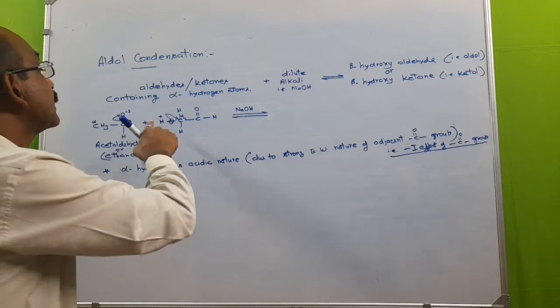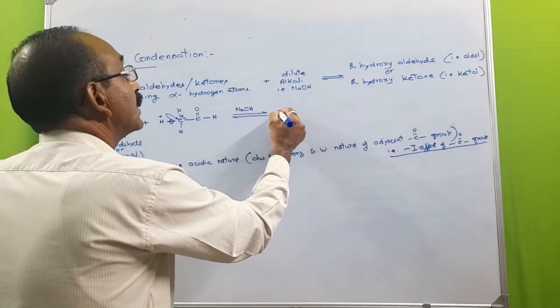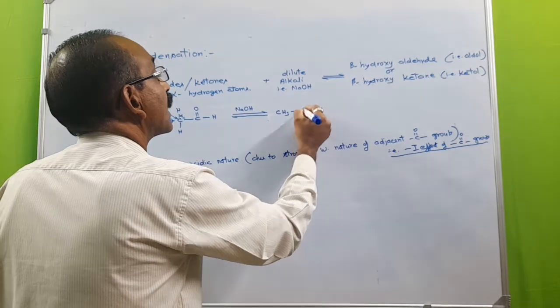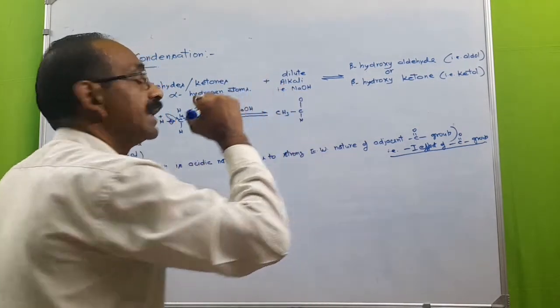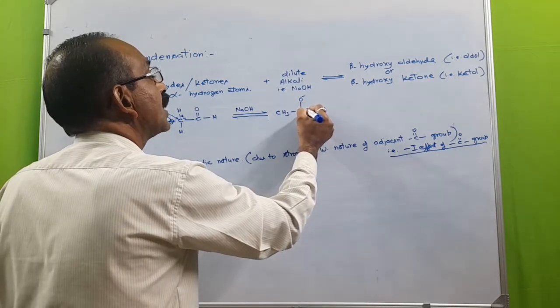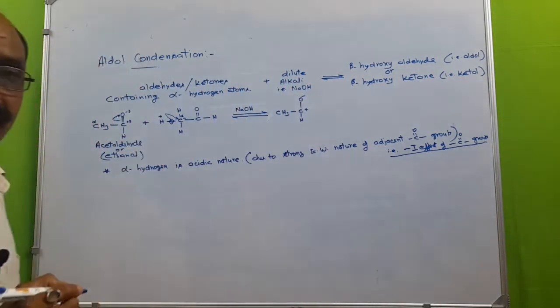Now what happens? Between the carbon and oxygen the pi bond is left, and this oxygen acquires a negative charge while carbon acquires a positive charge.